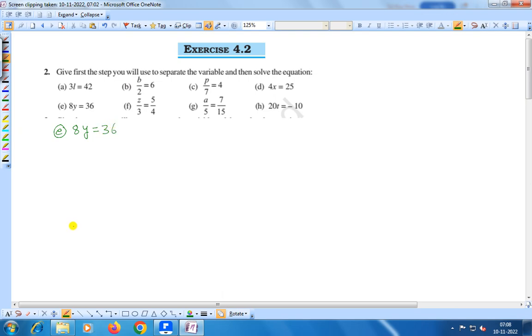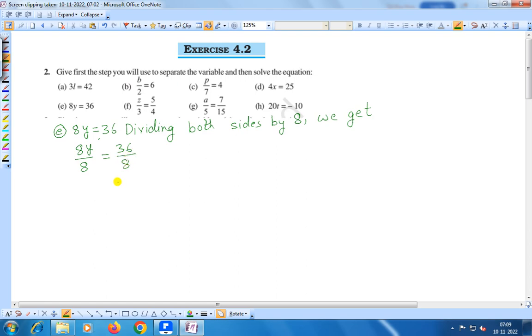Dividing both sides by 8, we get 8y by 8 is equal to 36 by 8.